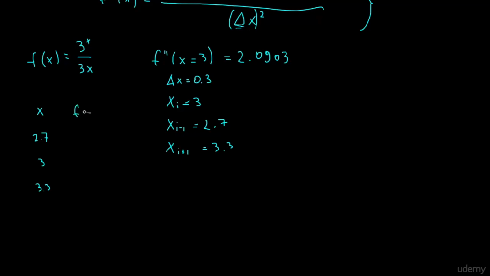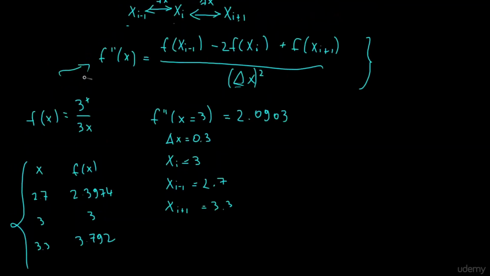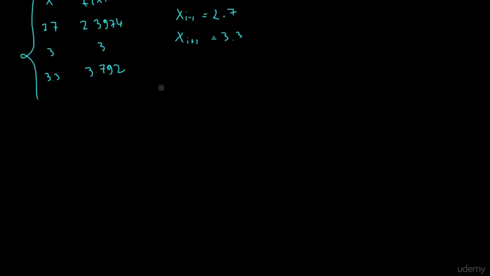And if we calculate the function at these particular points, we're going to get something like 2.3974, 3, and 3.792. So armed with this data, we can plug these values into this formula and calculate the second derivative.